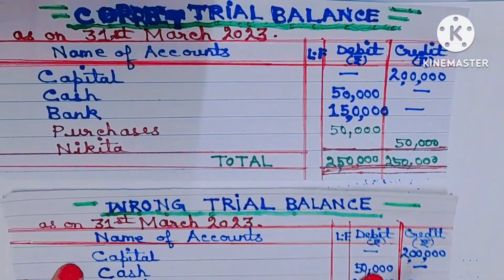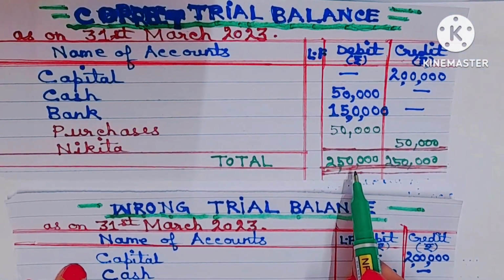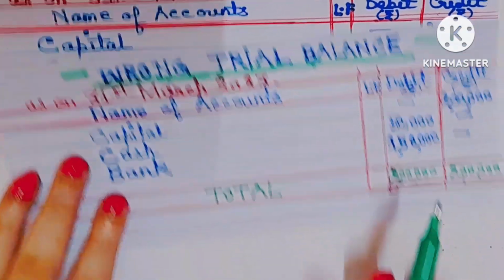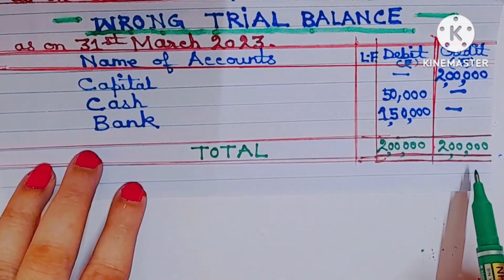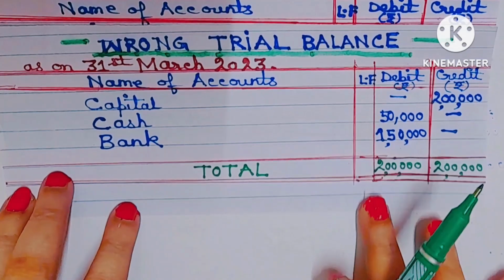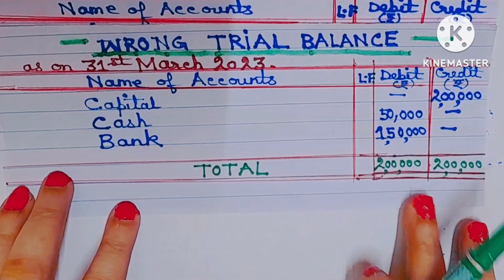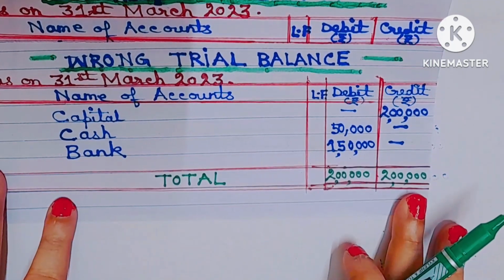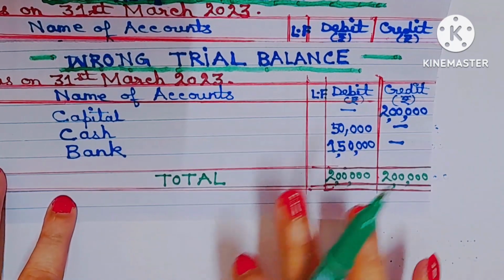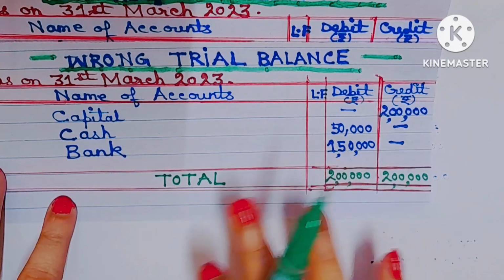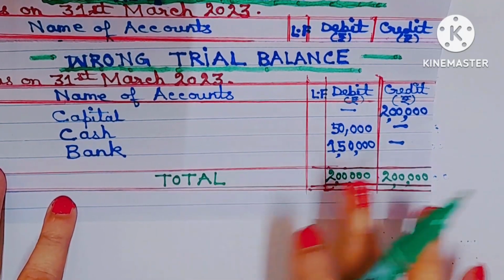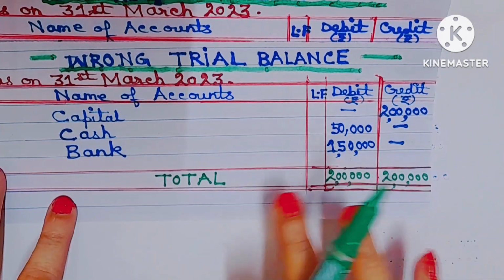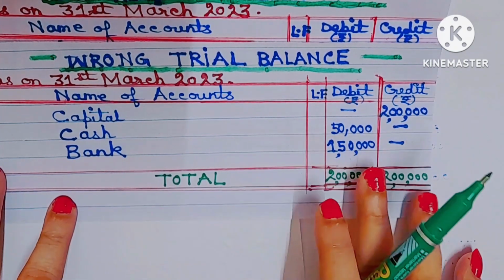Because the total of the correct trial balance is 2,50,000, but the total of the wrong trial balance is 2 lakhs. Understood? Though the trial balance did tally, this is an incorrect and incomplete trial balance. So, if there are two-sided errors, that will not affect the trial balance. Trial balance will always agree. If there is a one-sided error, the trial balance will not agree.